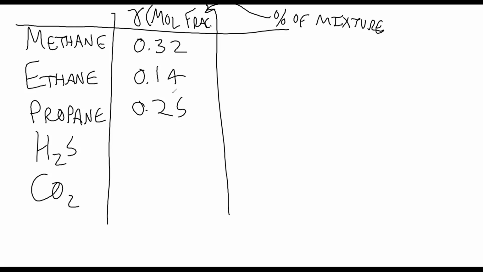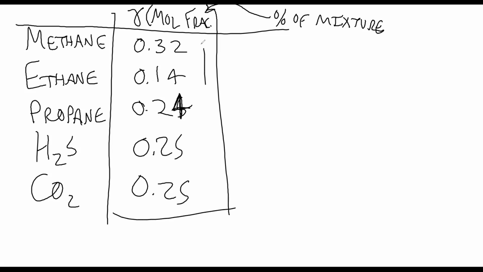I'm going to say that's 24, just to make my math a little bit easier. 24 plus 32, that's 38, 40, 50, okay. Say it's a quarter of that and a quarter of that. Okay, so all of those should add up to 1. Right? Cool.